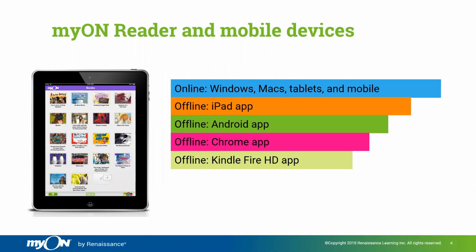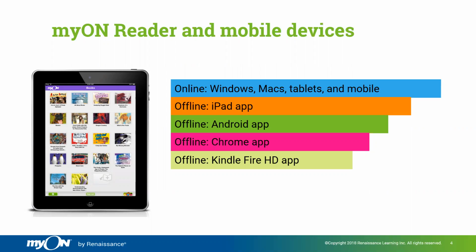However, we appreciate that some students may not always have access to the internet or to Wi-Fi, so there is actually an app available where students can still use the system offline. So for iPads, tablets, the Google Chrome app. Now, with the app, what the students are able to do is to download and store up to 20 books at a time.